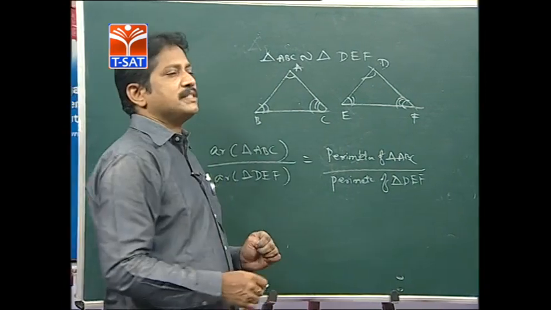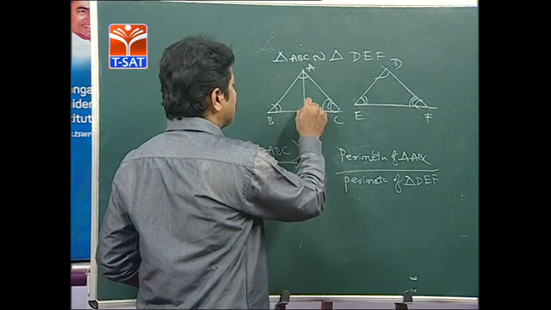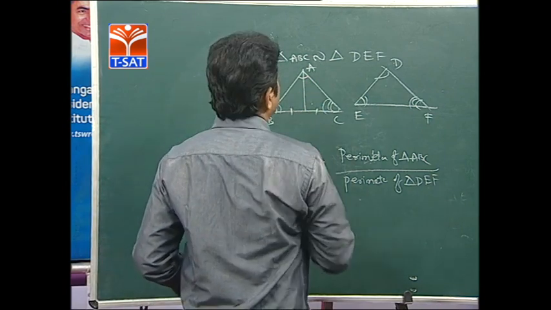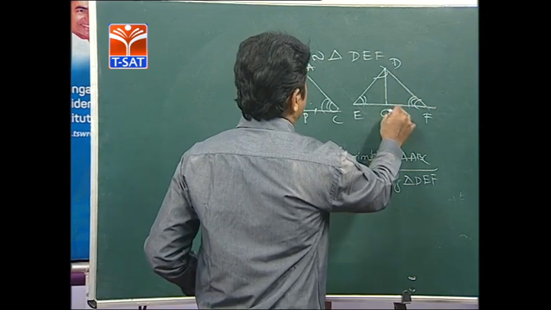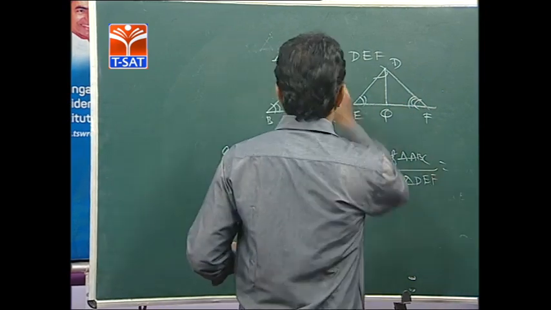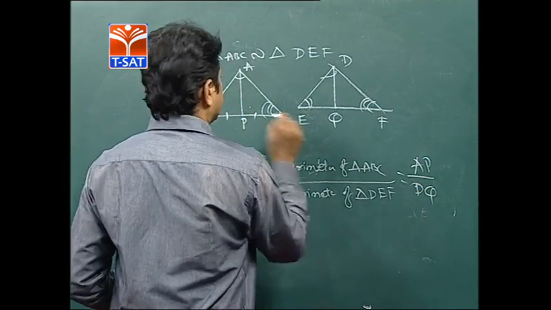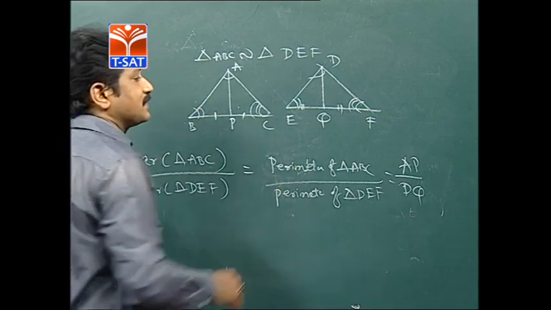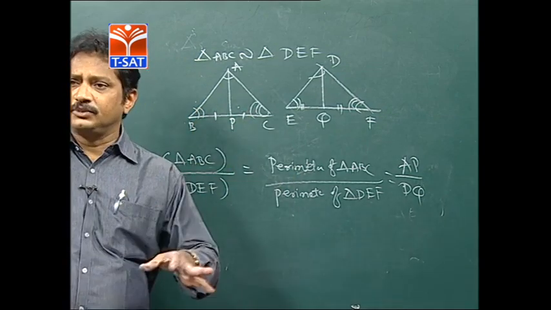For example, if this is one median, say you call it AP, and this one is DQ, then you can say it is AP by DQ also, where AP and DQ are the medians for the corresponding sides, meaning BC and EF.